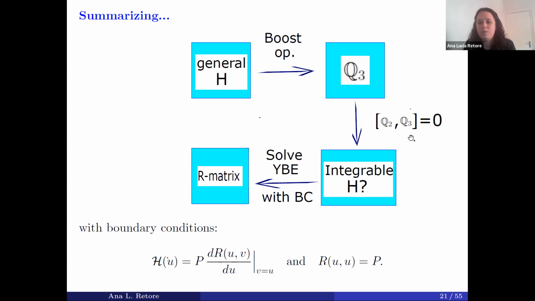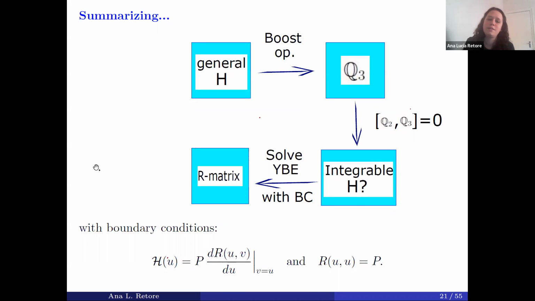Then you require that Q2 and Q3 commute. You solve the polynomial or differential equation, depending on what you want. You find some Hamiltonians that in principle are integrable, but you don't know yet because you would still need to compute all the other charges. You solve Yang-Baxter with these boundary conditions, and you find an R-matrix.